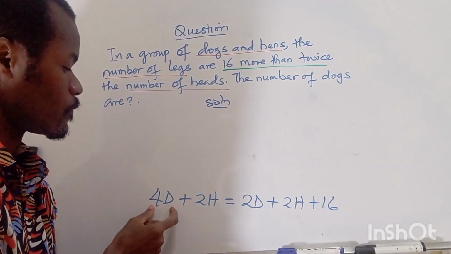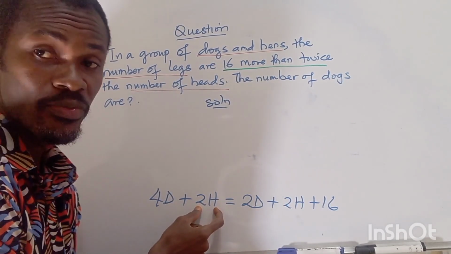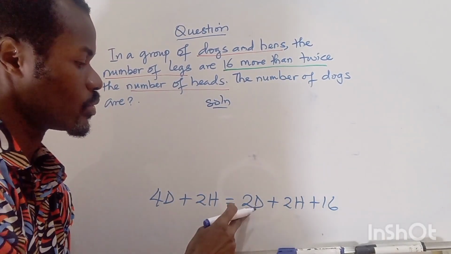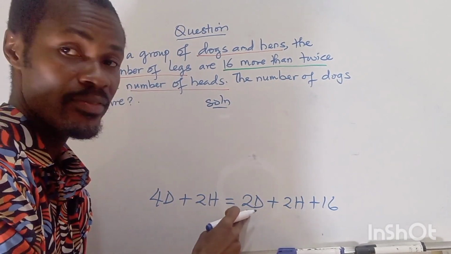We have d, we have d, we have h for hens, and we have h for hens. So the first thing I want to do is subtract 2d from both sides.